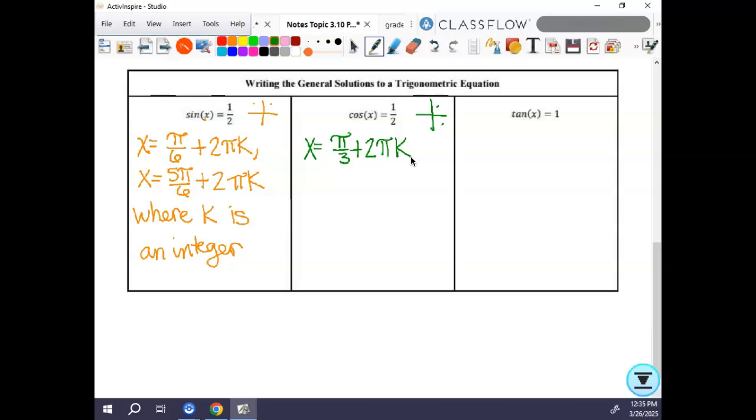Then I also need my fourth quadrant pi/3 angle, but I'm not doing the negative stuff like yesterday. It's back to the ones we're used to. What is my fourth quadrant pi/3 angle? 5pi/3 plus 2pi k. Okay, where k is an integer.